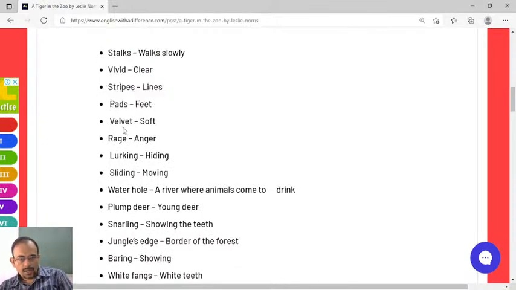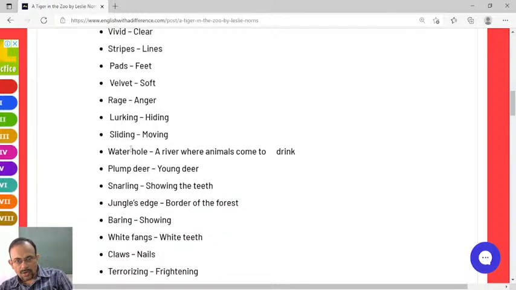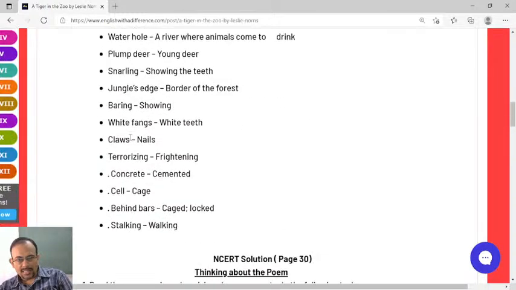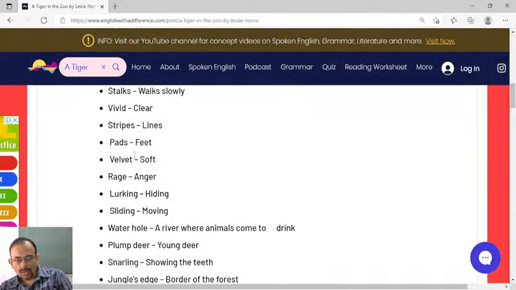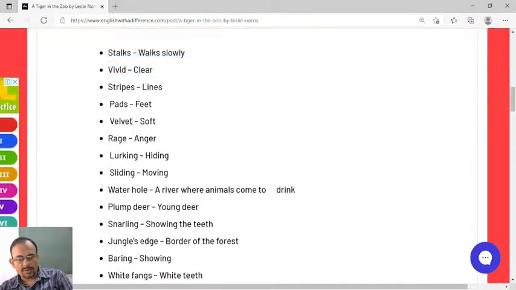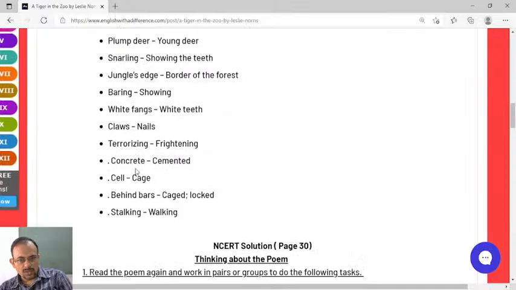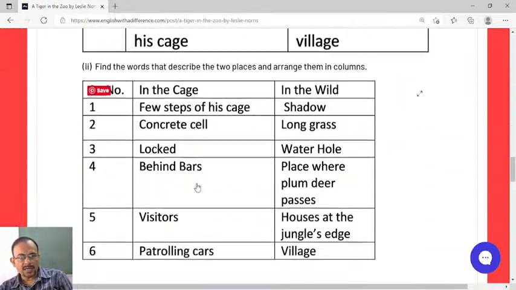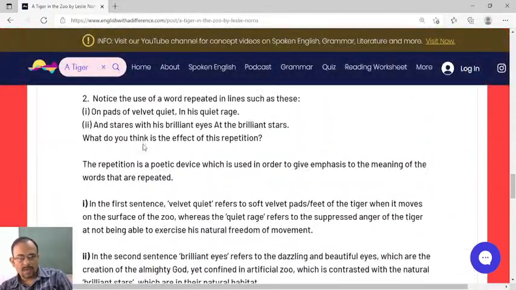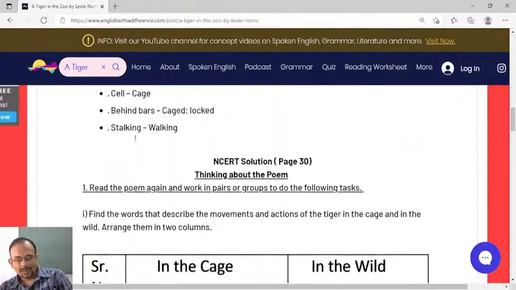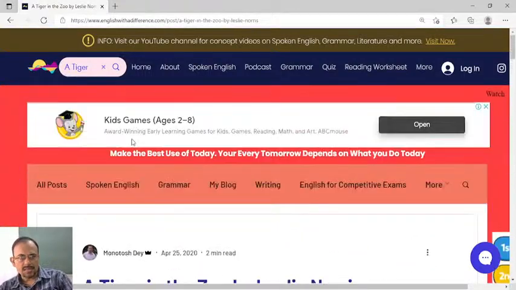You can write the meaning with pencil on your textbook also, if you have a hard copy, so that you are able to understand when you read the text, and then you go through these NCERT question answers, right? I hope you'll be able to answer if you go through such materials.